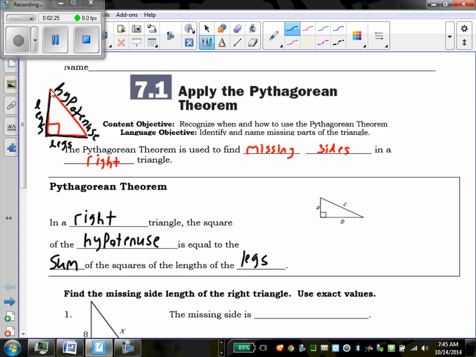Looking at this drawing that we have over here, our hypotenuse is named c, so that means that c squared, the square of the hypotenuse, is equal to the sum of the squares of the lengths of the legs.